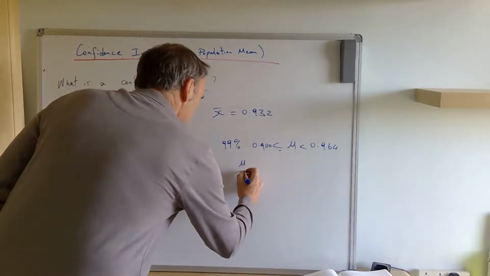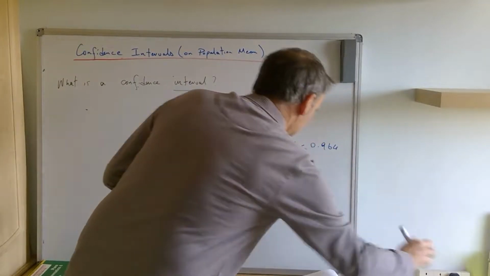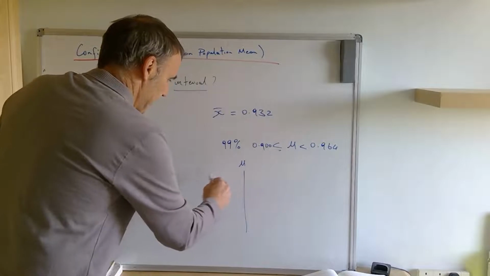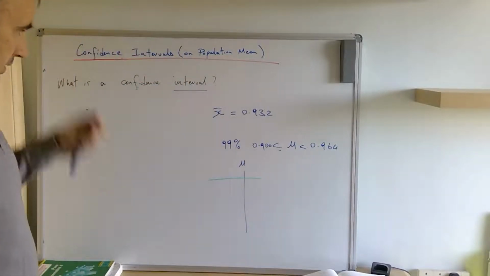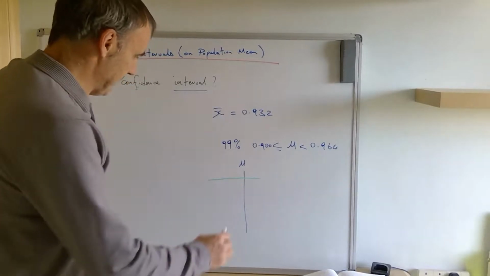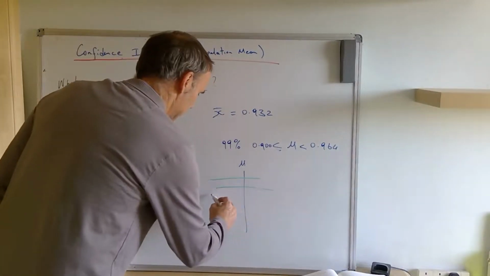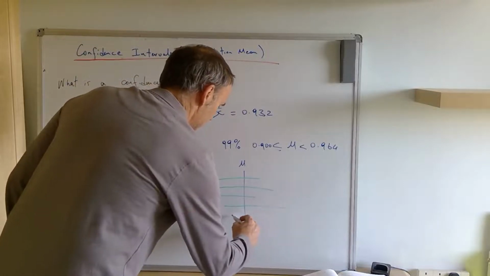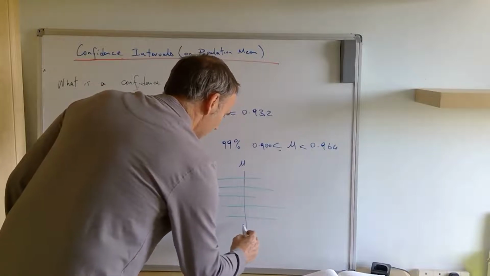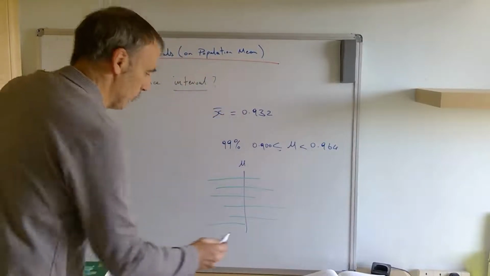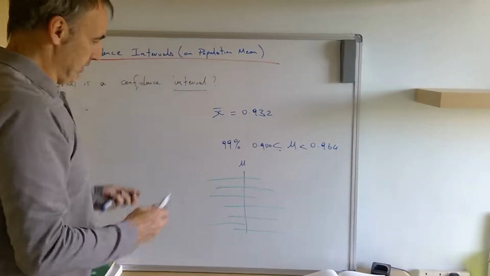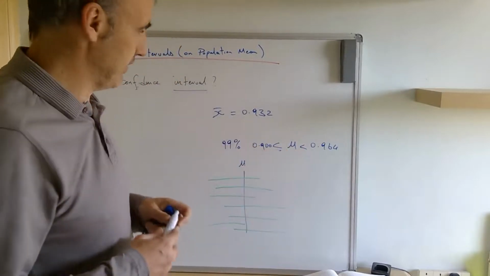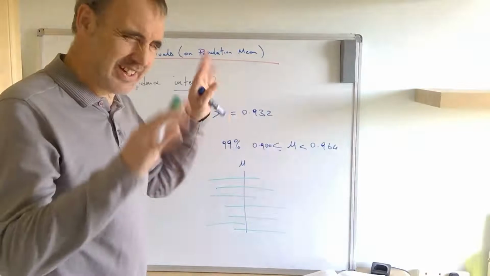Suppose we have an actual mean there, and we take samples. There's one sample which gives an interval like that, it catches the mean. Another sample like that, another like that, and another, and then once in a while, maybe once in 100 times, your sample doesn't catch the mean.